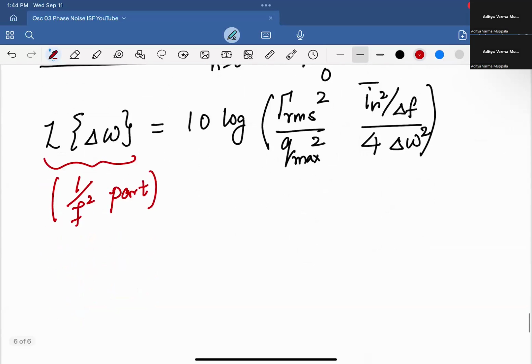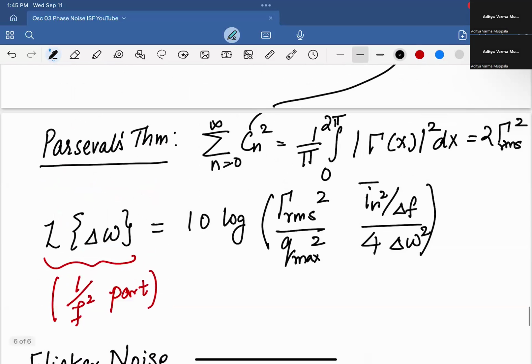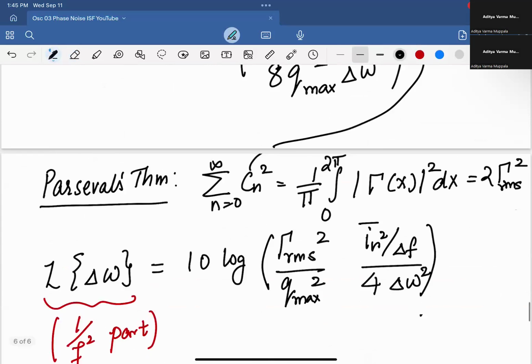Okay, very nice. Next, we can do the flicker noise part. So here we've assumed that this IN square bar is the same for all of them. Now we'll get rid of that assumption.